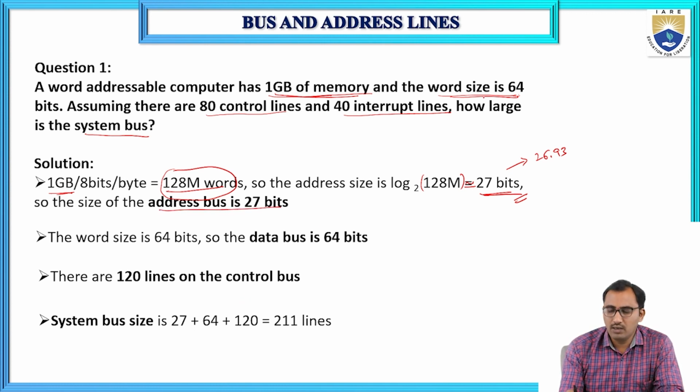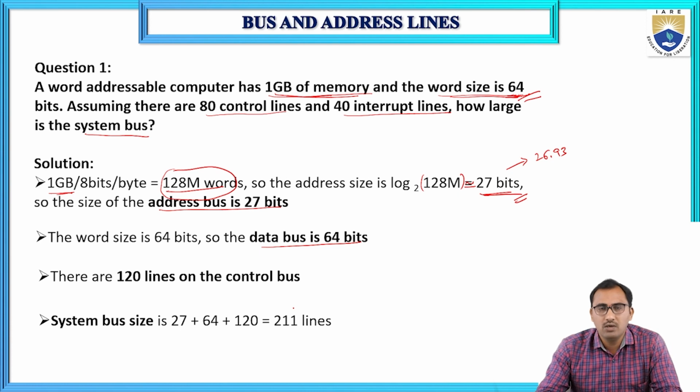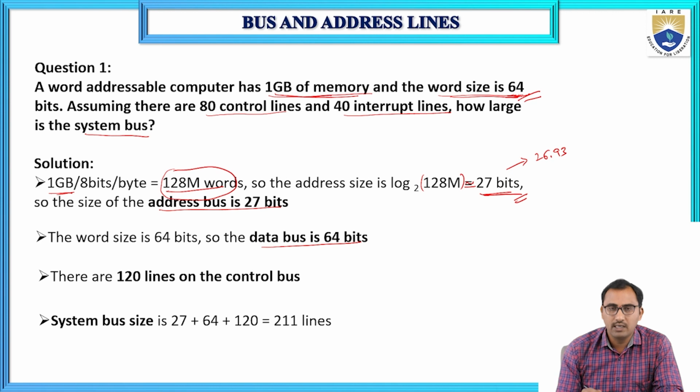Okay, and coming to the word size, it is 64. That means the number of data lines is equal to 64 bits. And coming to the control bus, we have three types of buses: address bus, data bus, and control bus. Already we know the address bus is 27 bits, the data bus is 64 bits.